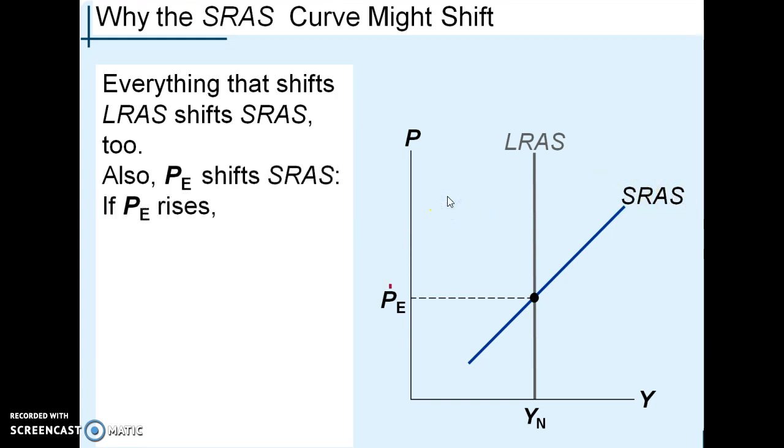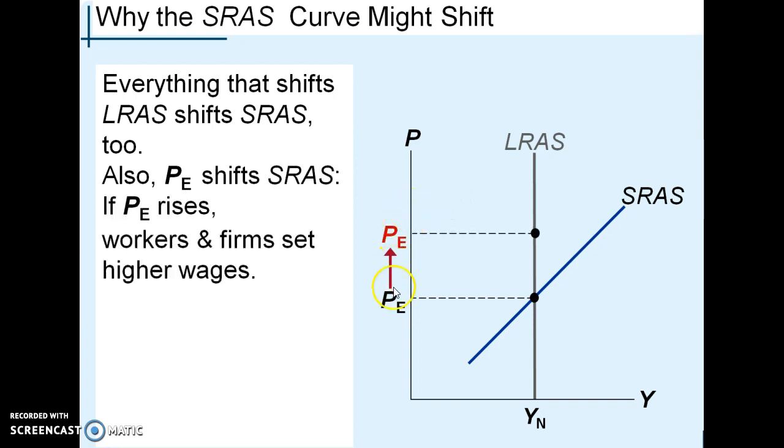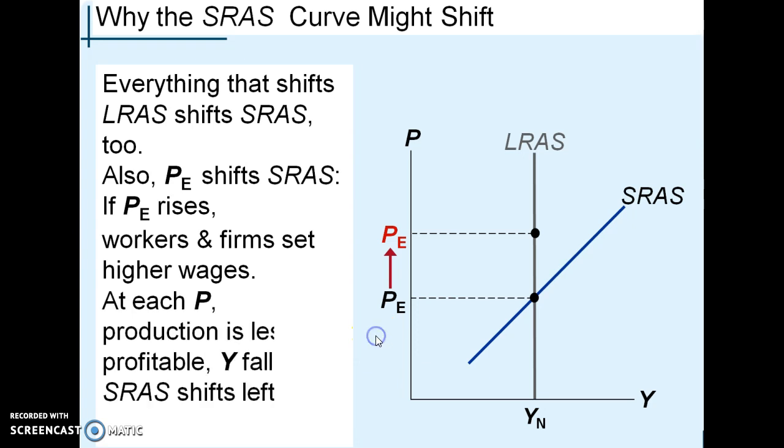So if, for example, firms start to expect higher price levels in the economy, so think about they expect higher prices for labor, so wages become higher for the firms. When wages increase, the profit margins are now crunched. Producing becomes less profitable, and the short-run aggregate supply curve will shift to the left.